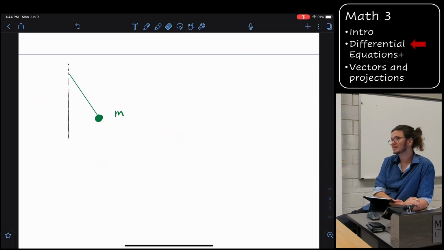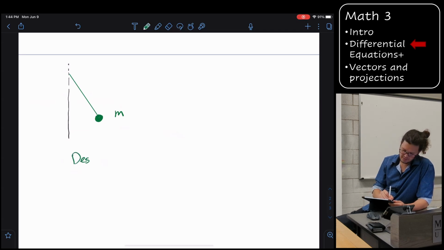You probably have played with something like that. Somebody at some point swung you in a playground, an actual physical playground. And I'm interested in, very loosely, I'm going to put it like this, describing/understanding this system.